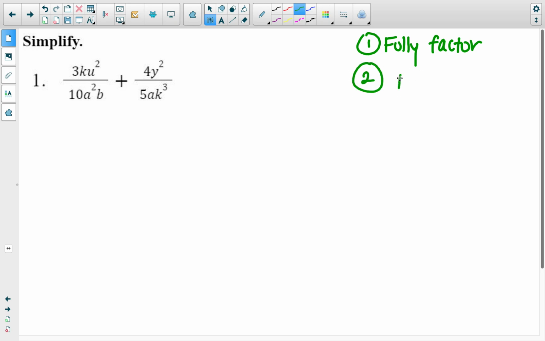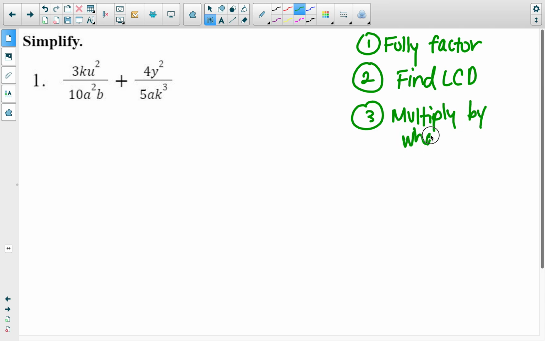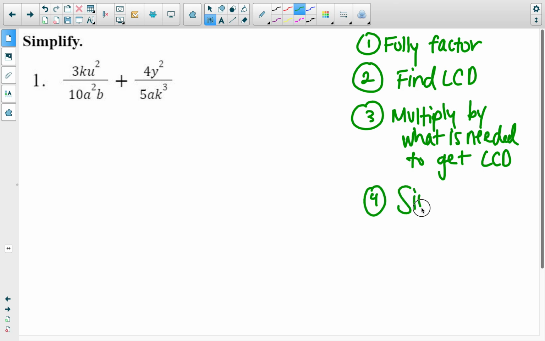Then we want to find the LCD. Then we want to ask ourselves, what do we need to multiply each fraction by? So multiply by what is needed to get the LCD. Okay, and then 4, we're going to simplify.